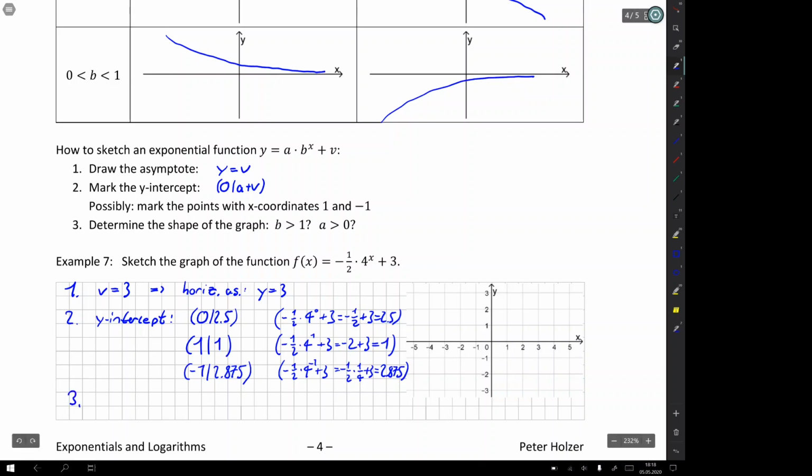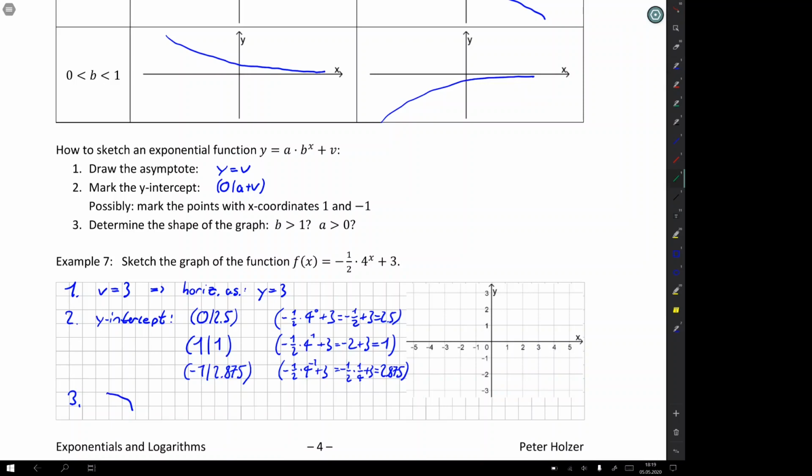The b, the base of the exponential function, is larger than 1, and the a, this factor here in front, is negative. So if it was positive, it would look like this. Now we have to mirror it, so it will look something like this. So we have this shape.